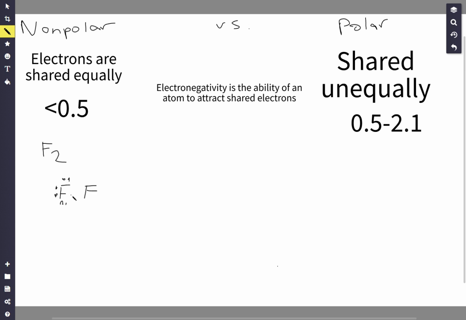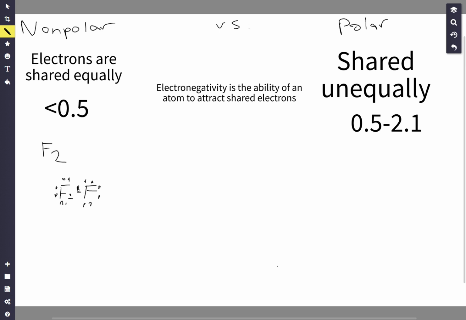They each have 7 valence electrons. These two fluorine atoms are going to be sharing these two electrons, this one and this one, equally in a covalent bond. Because their electronegativities are the same, the electrons aren't going to move closer to one fluorine or the other.